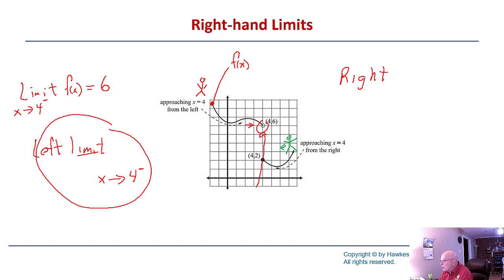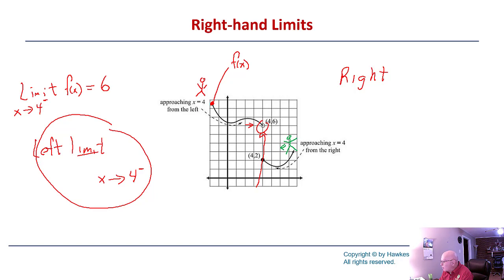As I do, notice that over here, see the cursor? Right here, I've got a value of 3 for y, or my function. When I get down to here, it's about 2. When I get down to here, it's almost down to 1, but it isn't. Maybe 1.2, 1.3, something like that.